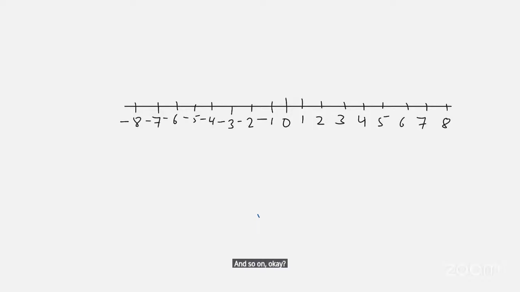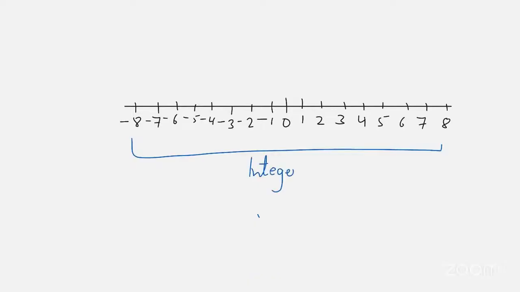So all of these numbers are known as integers, and they are classified into two groups. The ones on this side of 0 are called positive integers.